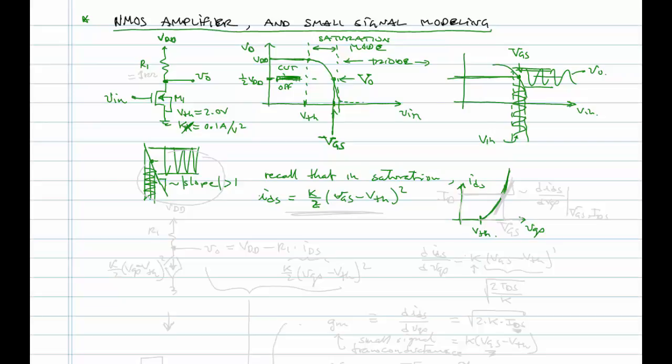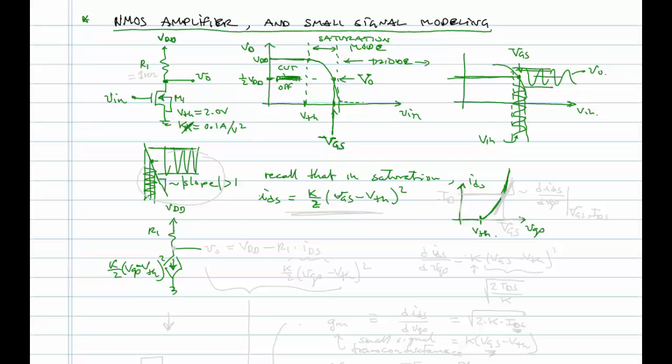We've modeled this as a current source. So let's redraw our circuit where we're going to replace our transistor with this K over 2 times (VGS minus V threshold) quantity squared.